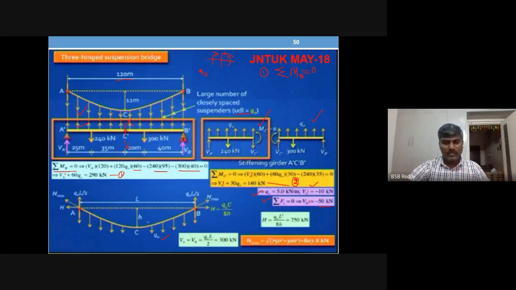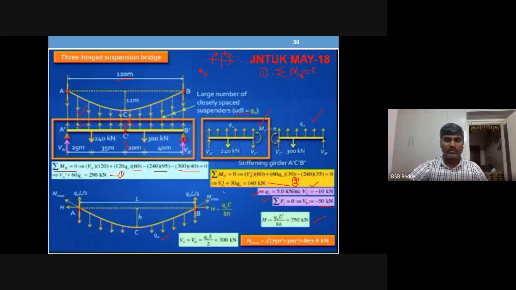Because for the cable with UDL case, we already know the horizontal thrust, how to calculate. WL square by 8H. If you see my previous lectures on cables, you will have this equation WL square by 8H. Here the W is Q naught, so W into L square by 8H.